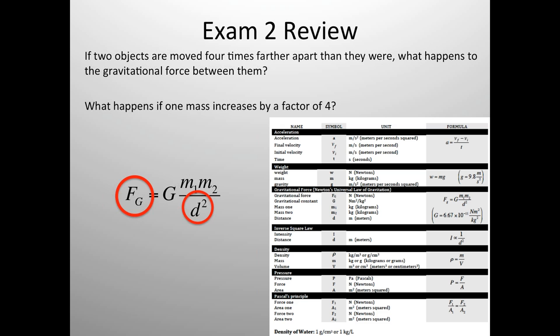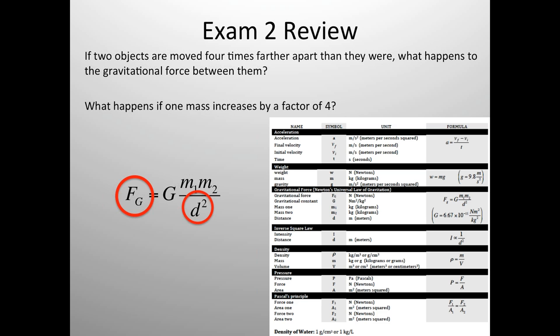So, all right, we know that the opposite thing happens, or the inverse thing happens to gravitational force and distance. So if the distance increases, then the gravitational force will decrease. If the distance decreases, then the gravitational force will increase. But because of the square in the equation, they're not going to go up and down by the same amount.